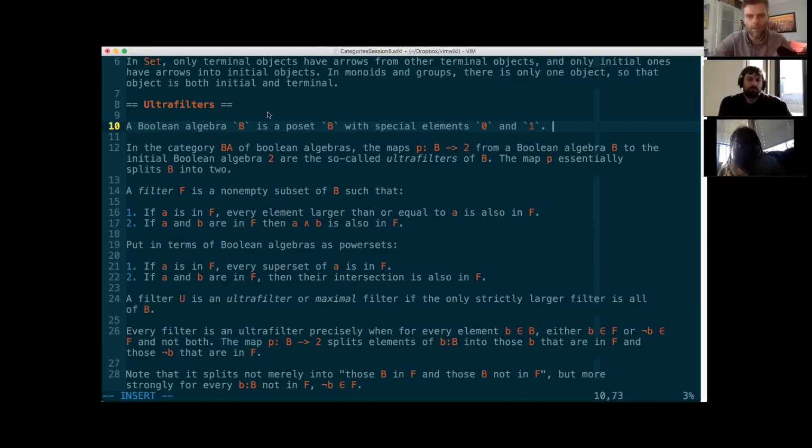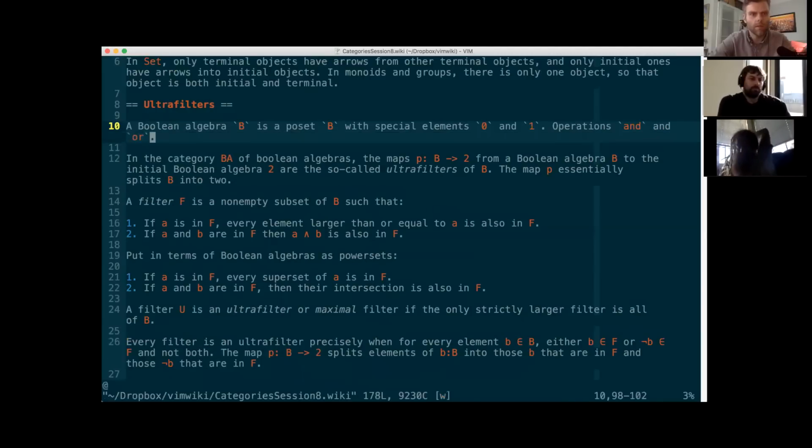There is an and and an or, which are the usual sort of binary operations, right? And then a unary operation, not.